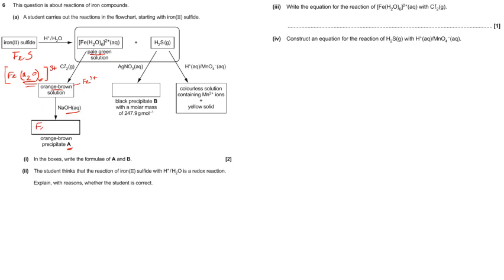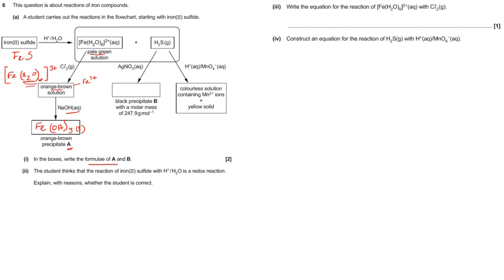So we can write that in there. Once we've got 3 hydroxide ions, we've neutralized the charge on the 3+ iron, so that becomes a solid and therefore a precipitate. So we've written the formula of A there.